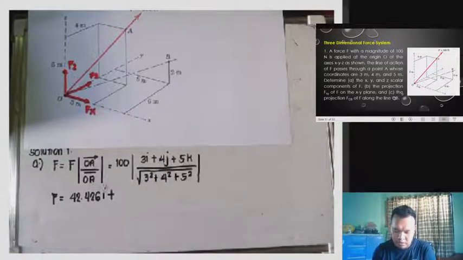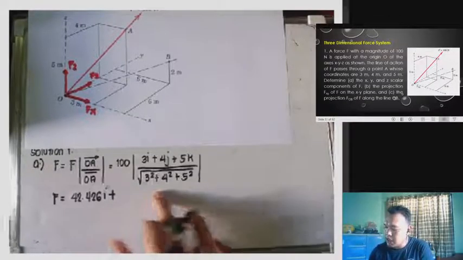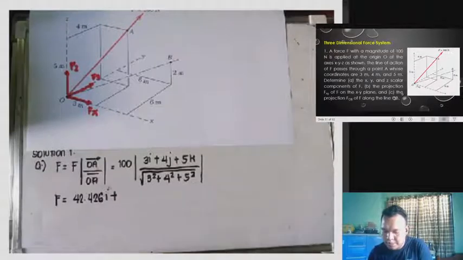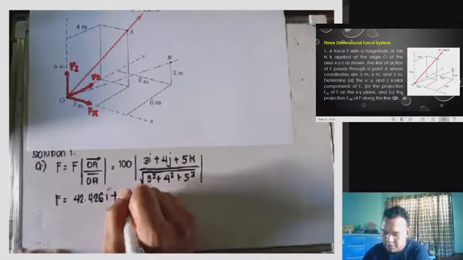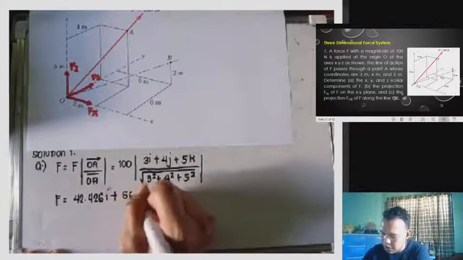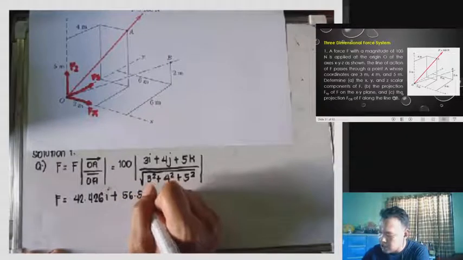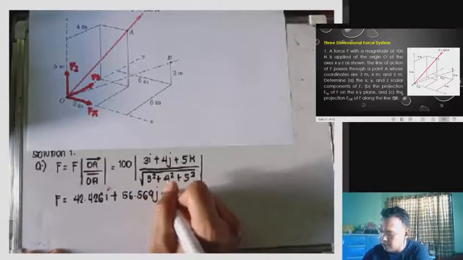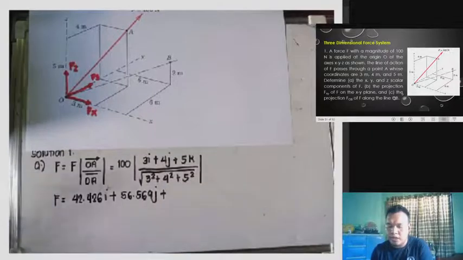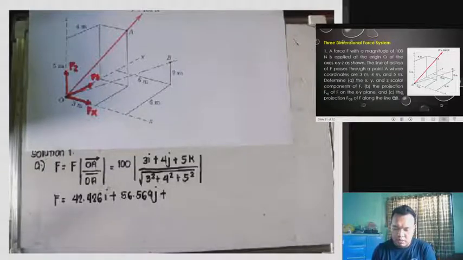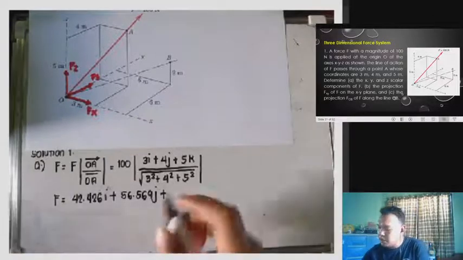So, we have here 100 times 4 over the square root of the denominator. Plus 56.569j plus for the 5, 100 times 5k all over the square root of 3 squared plus 4 squared plus 5 squared. We have here 70.71k.